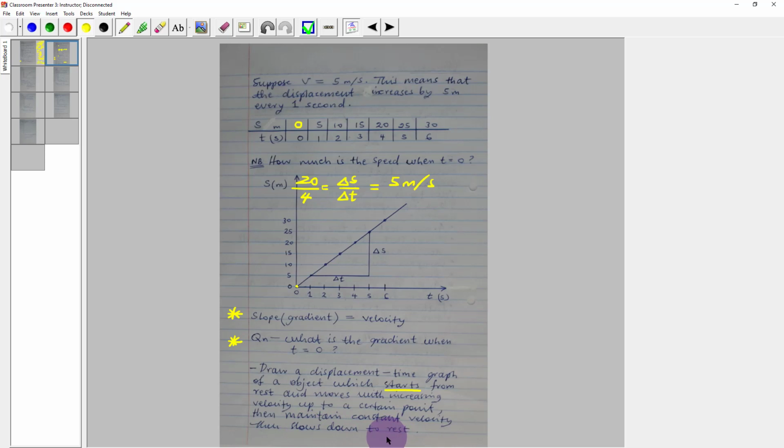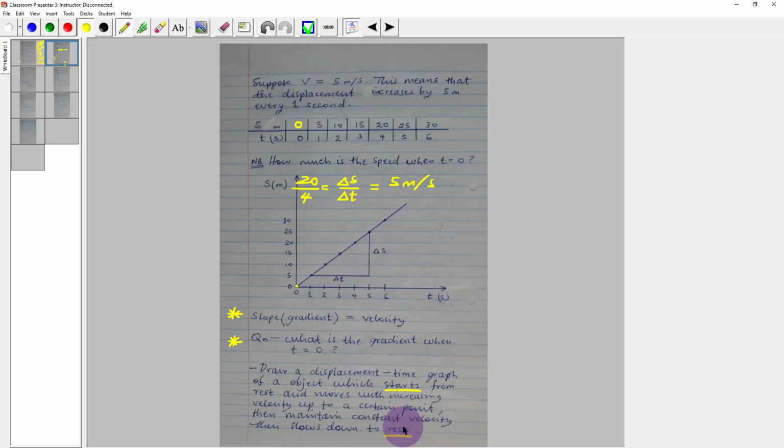So eventually it comes back to rest. We want the gradient initially to be 0, so it's going to be parallel to the t-axis. Then it accelerates, it moves with increasing velocity. So the gradient is going to increase because gradient represents velocity. Then it maintains constant speed, in which case now it will be a straight line.